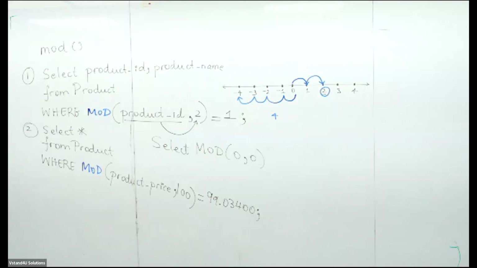How will you write the query for this? Is it raw data? Yes or no? How will you write the query? SELECT ABS of -55.5. Here, what will you get as the value? The output will be 55.5. Clear?